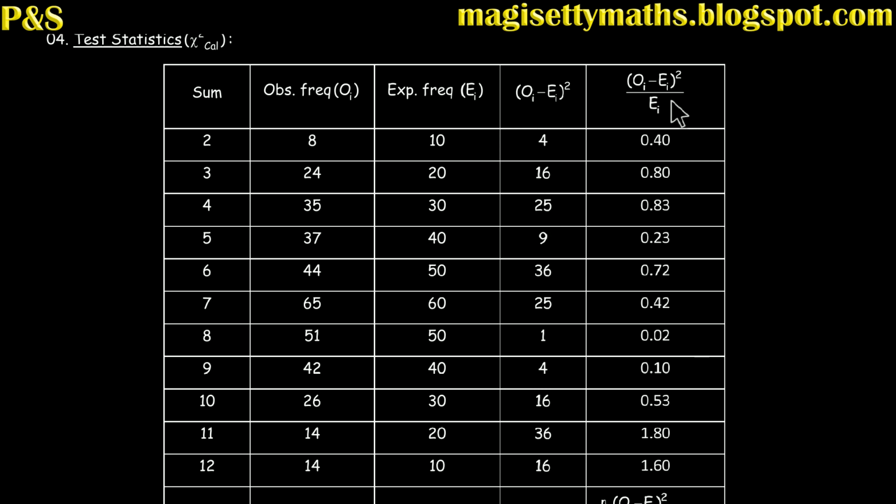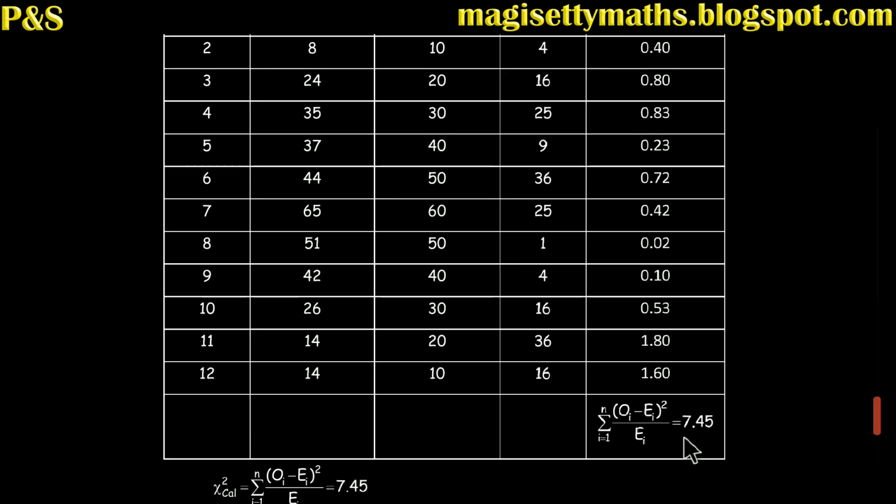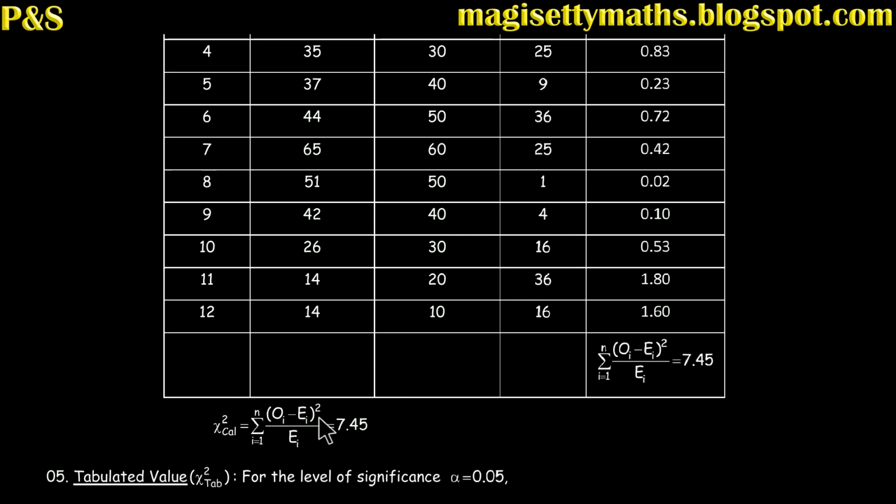Now the ratio (Oi minus Ei) squared divided by Ei: 4 divided by 10 equals 0.40, 16 divided by 20 equals 0.80, and so on. Now finding the sum of all these values, summation for i equals 1 to n of (Oi minus Ei) squared divided by Ei equals 7.45. This is the chi-square calculated value.